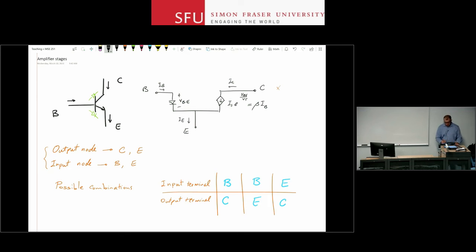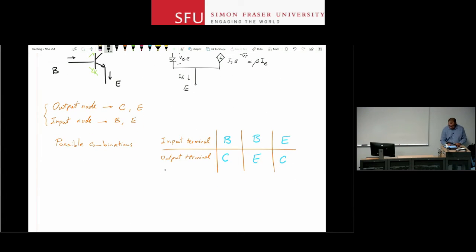Okay, so because there are only three stages, we give them names, right? So for example, the stage here, let's just call it the stage. You're applying the signal to the base.